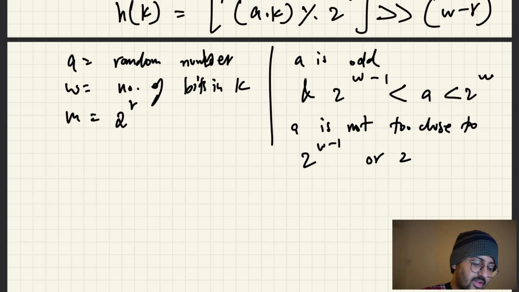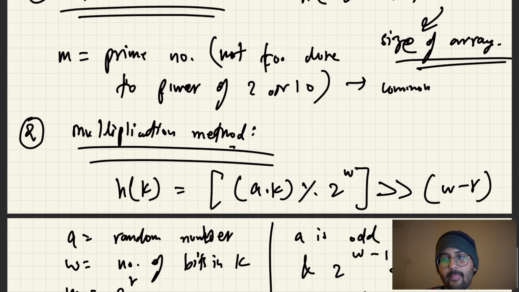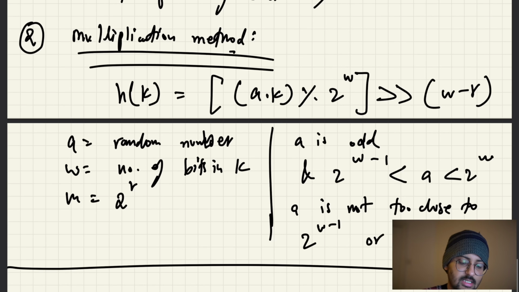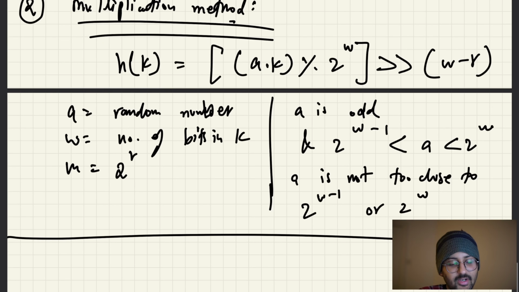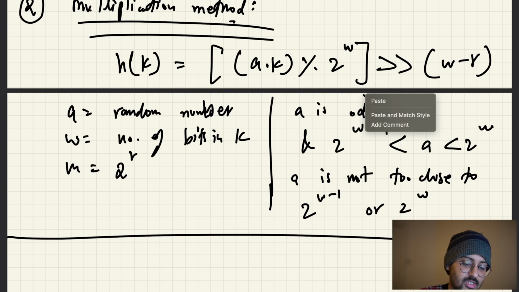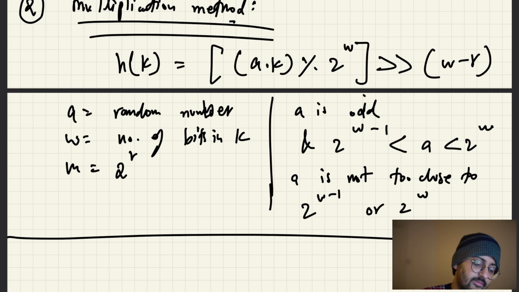So this will give us a very random number, and that's another function that people can use. There's not much to explain here. This is a mathematical formula, and in interviews no one is going to ask you to generate or code this formula. But if you want to code it, it's very easy.